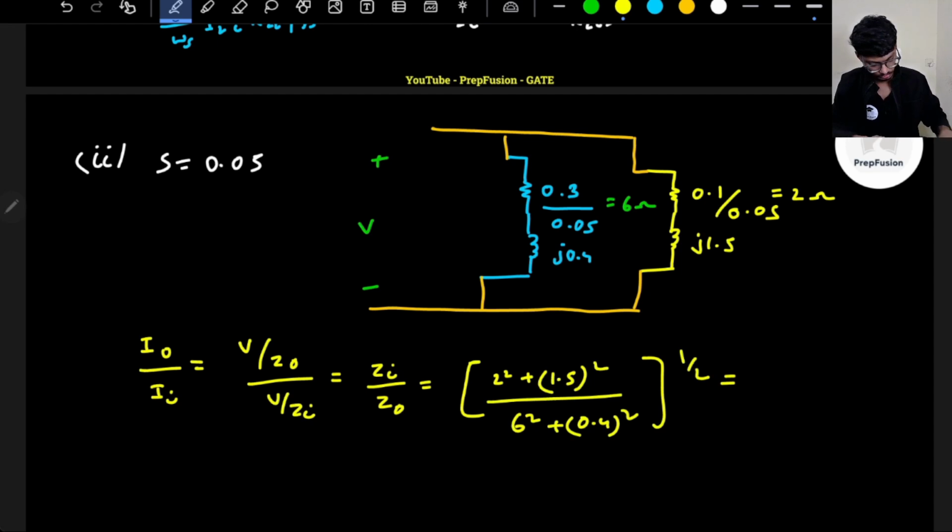So this will be 2 square plus 1.5 whole square divided by 36 plus 0.4 whole square, whole under root. This will be 0.4157. Okay, so if you see, now the ratio is considerable.